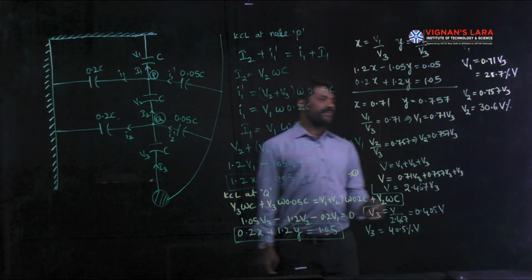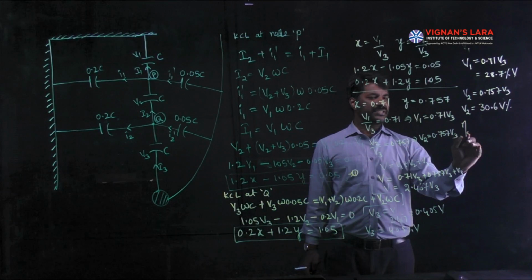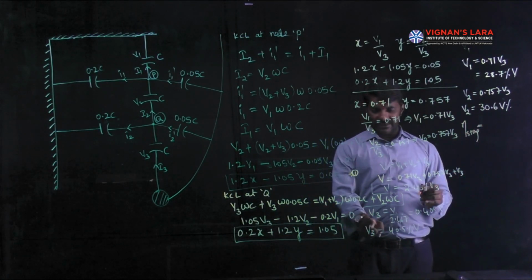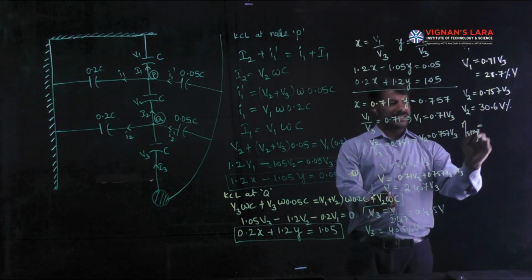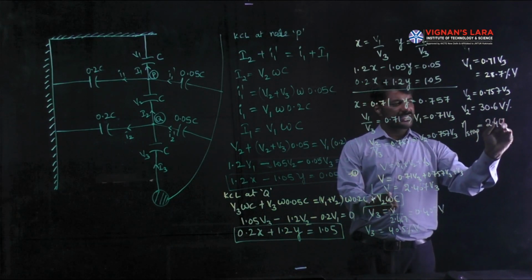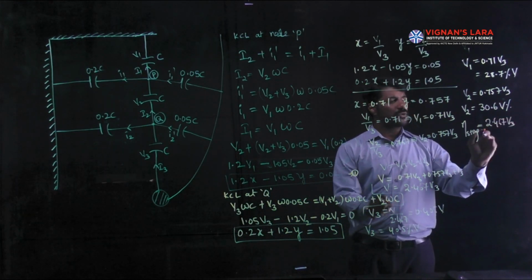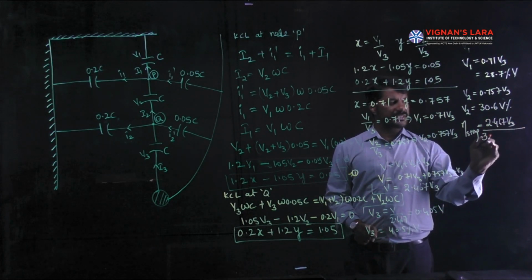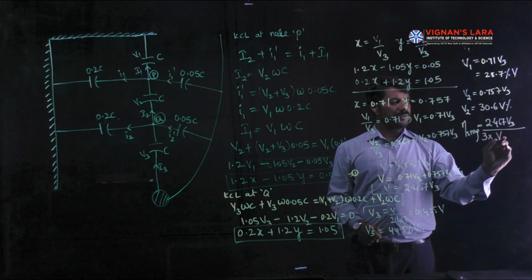Calculating the string efficiency. The string efficiency is equal to the total operating voltage, capital V, which is 2.467 into V3, divided by the number of insulators, 3 into V3.